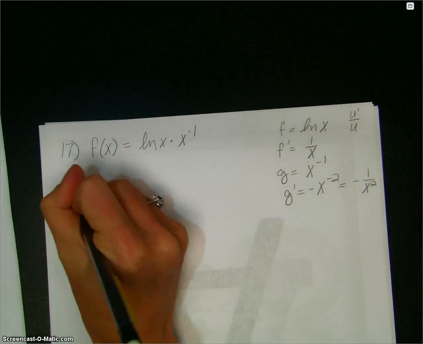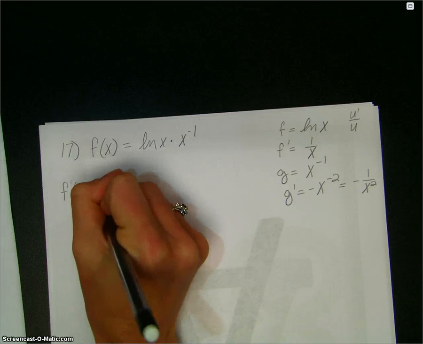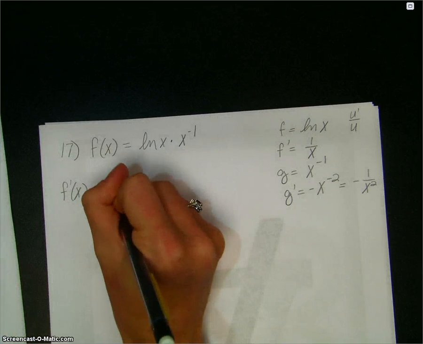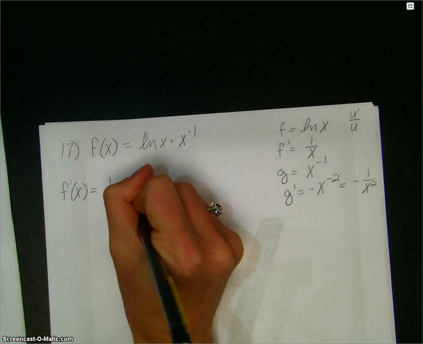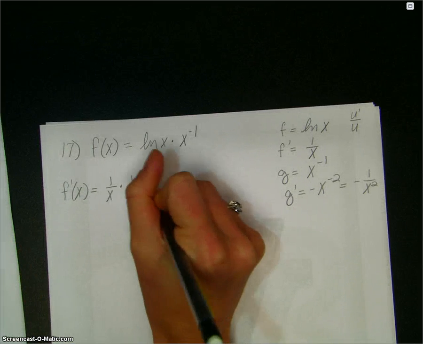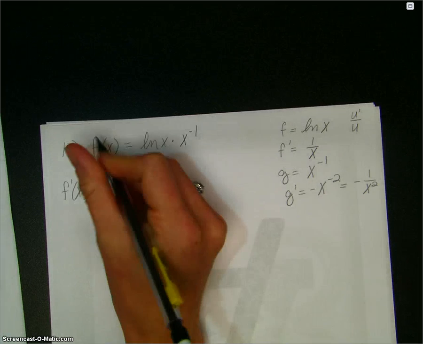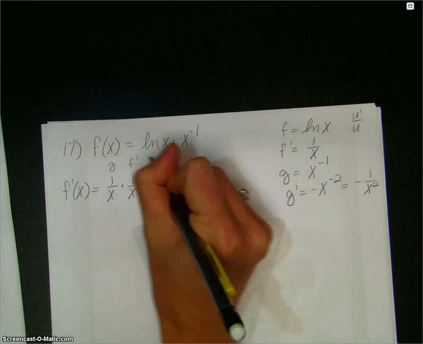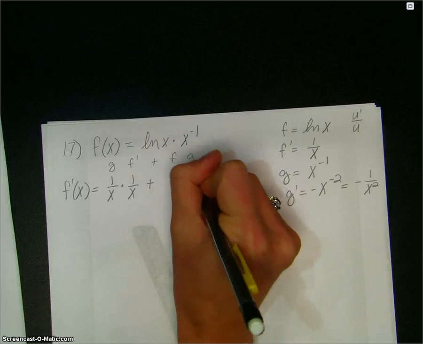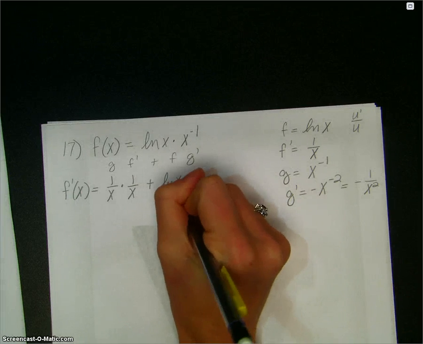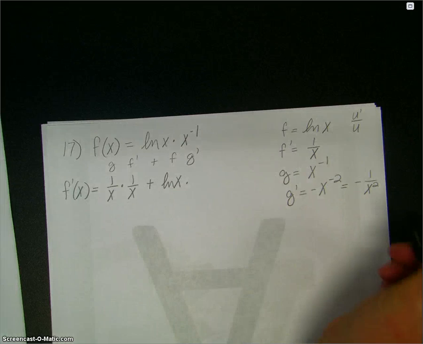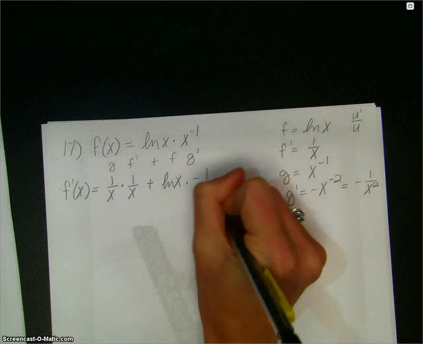All right, so f prime then is going to be g, which I'm going to write as 1 over x, times f prime, which is also 1 over x, plus, product rule, so g f prime plus f g prime. So f is the natural log of x times g prime, which is -1 over x squared.